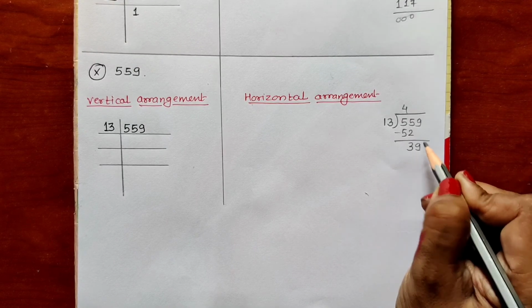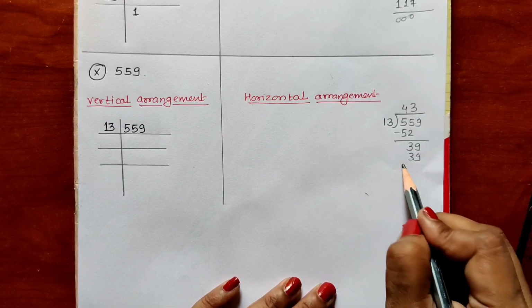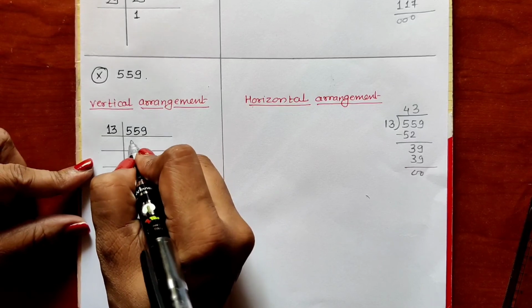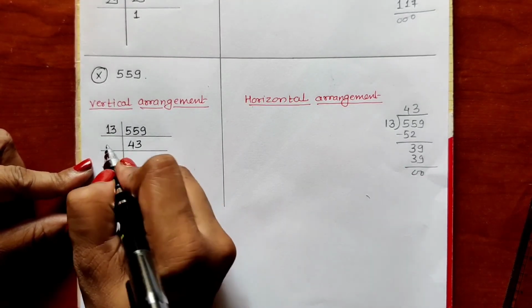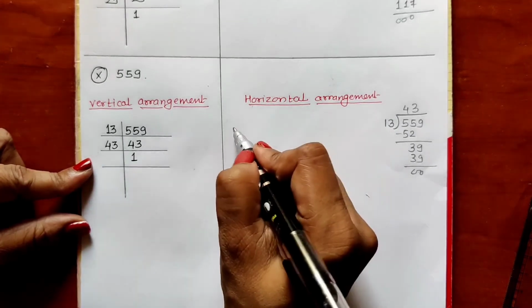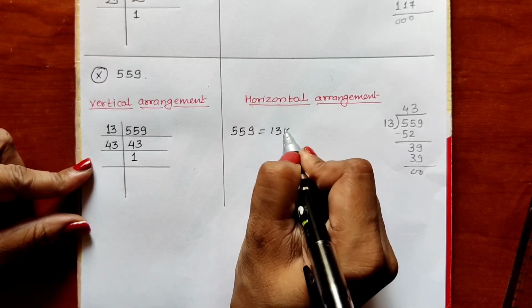This 9, 39. 13 threes are 39. So we are getting 43 here. Now we all know 43 is a prime number. It is not divisible by any other number. So 43 ones are 43. And in this way we get the factors of 559 as 13 into 43.